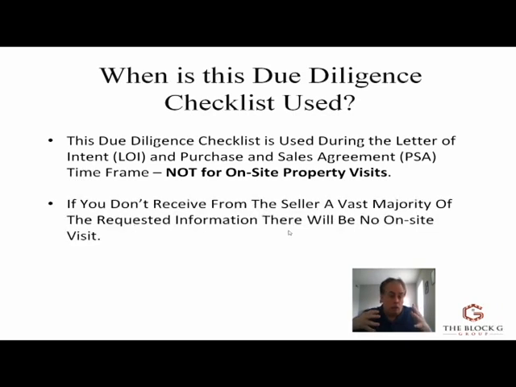And the next thing is, if you don't receive from the seller a vast majority of the information that would be available on site, this checklist gives the seller advance notice: this is what I'm going to be looking for, this is what I'm expecting. So let's negotiate now.